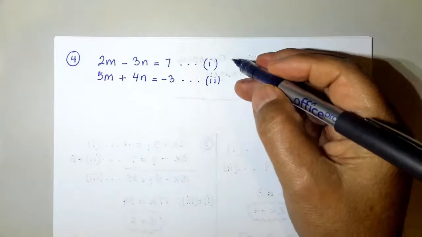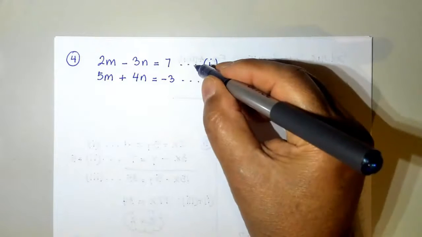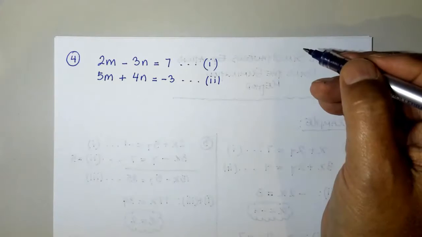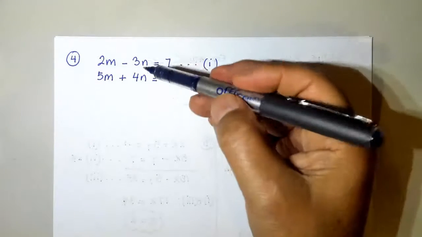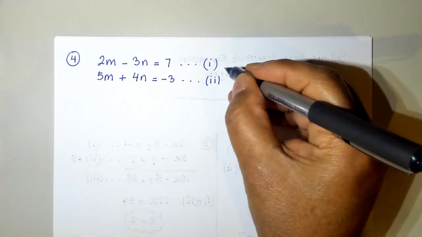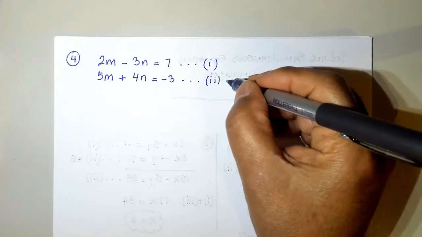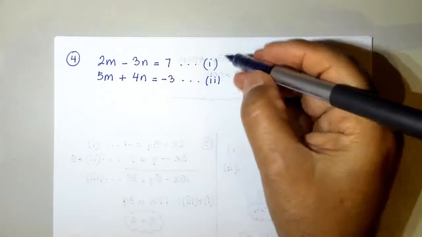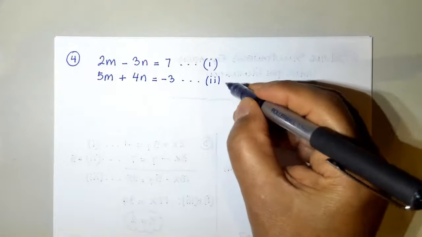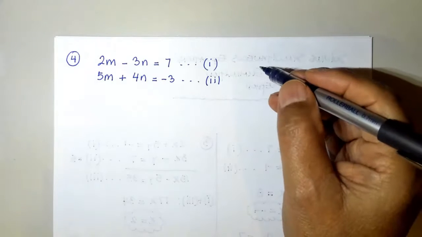Okay, so in cases like this, we have to multiply the top equation and the bottom equation by a convenient number. Okay, so if we are going to eliminate the n, we have to multiply the top equation by 4 and the bottom equation by 3. But if you want to eliminate the m, then you multiply the top equation by 5 and the bottom equation by 2.